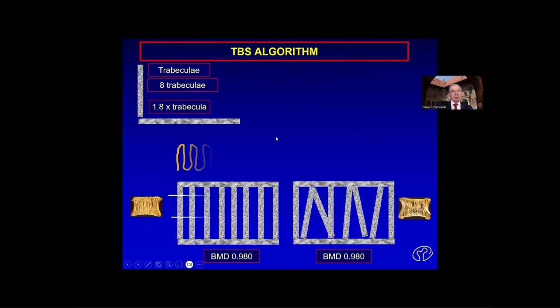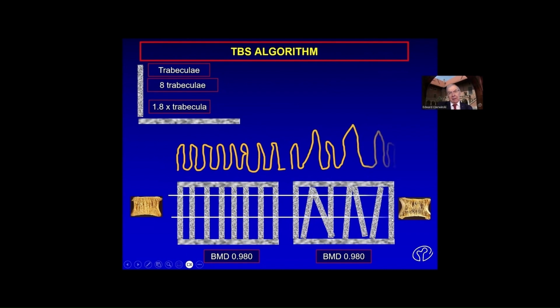But if we do a scan with just a single X-ray beam, here we have a normal curve, a very regular curve. It's painted using a mouse. And here you see irregularity.